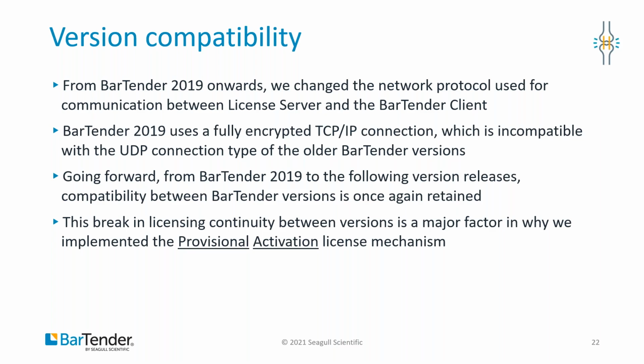It may still be the case that you may wish to use provisional activation for reasons of separating out the existing environment from your new upgrading environment, perhaps if you're going through a testing period. But mostly it's the case that provisional activation is of use for much older versions of software coming over to the newer versions of BarTender.